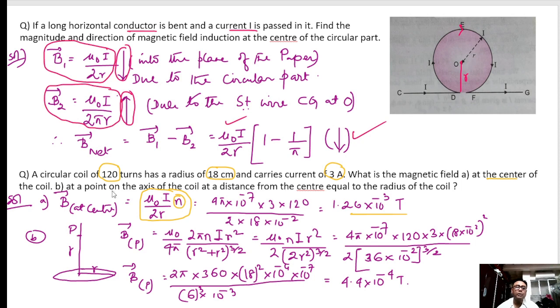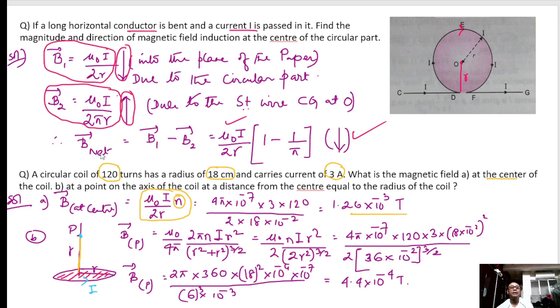Now they are asking for a point on the axis of the coil at a distance equal to the radius. Along the axis, which is perpendicular to the plane of the coil, as you can see, this is the coil, and it is carrying current I. So what is the magnetic field at this point, which is at a distance equal to the radius?